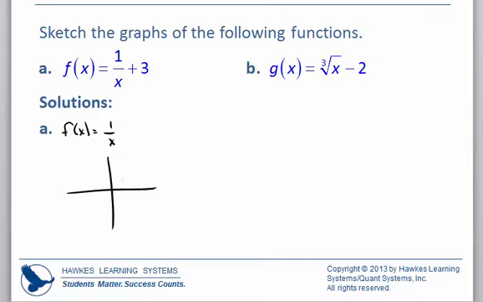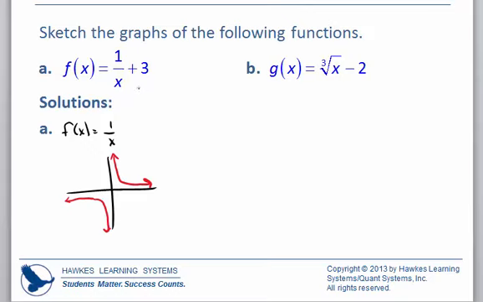So if I were to graph 1 over x, that graph looks like this. And now we look at what happens if we add 3 to the end of that function.